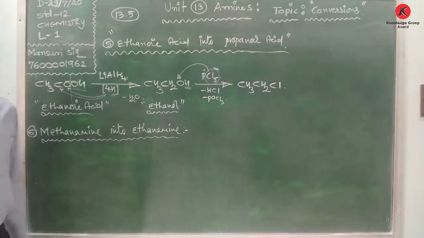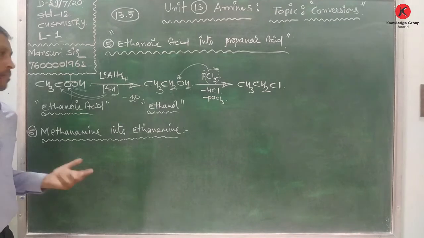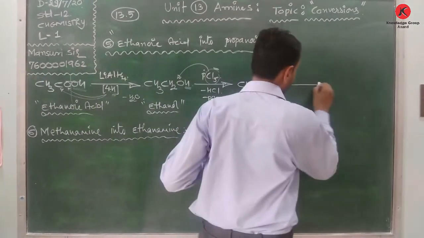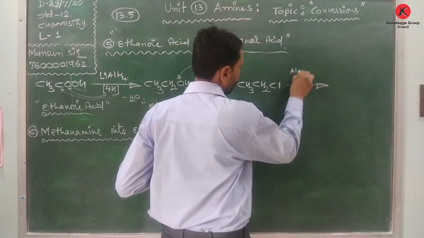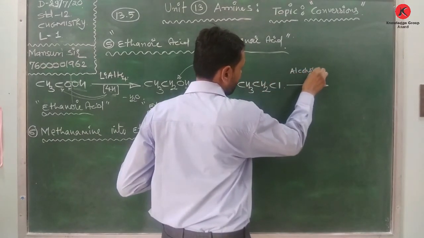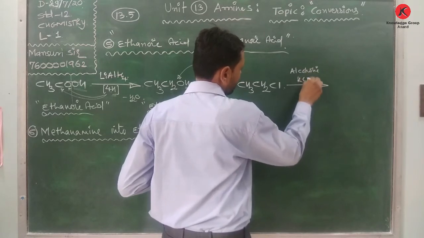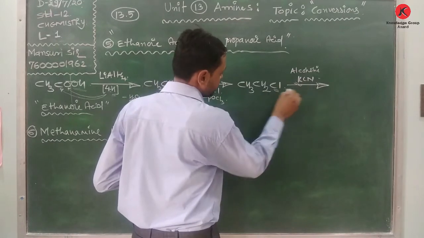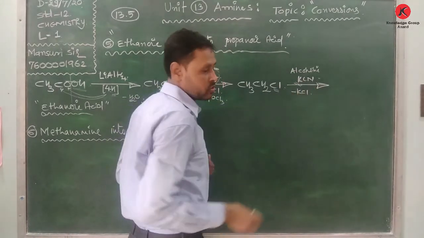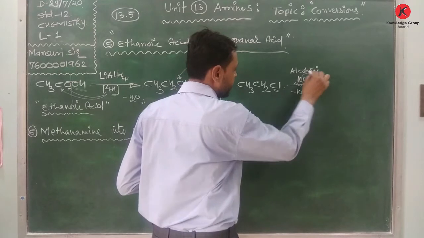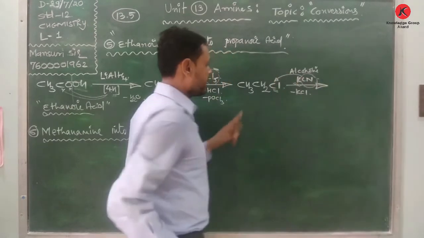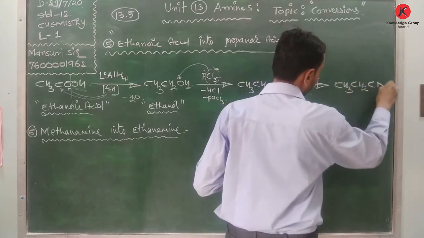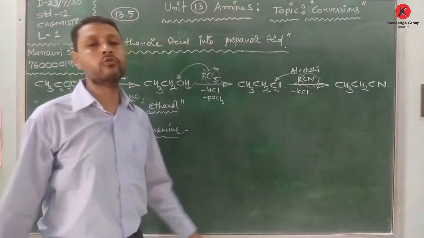Now we are very near to our product. Propanoic acid we have to form, so we have to take alcoholic KCN. Now K and Cl will be removed, so cyanation will be there. So we can say that here CH3CH2CN, propane nitrile, is obtained.